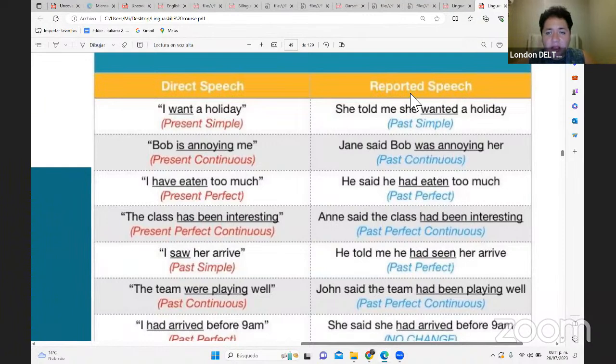Okay, remember that I had told you there are like 3 characters. There are 3 important people in reported speech. Do you remember who those 3 people are? Who are the 3 important characters or people in reported speech?